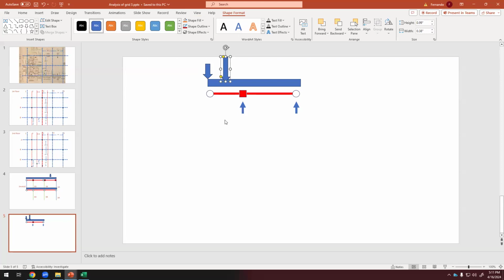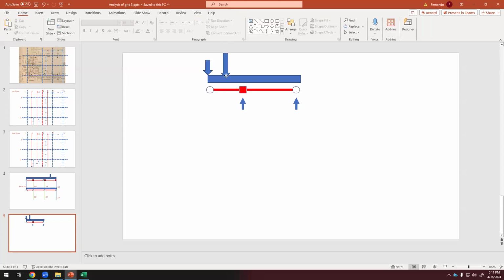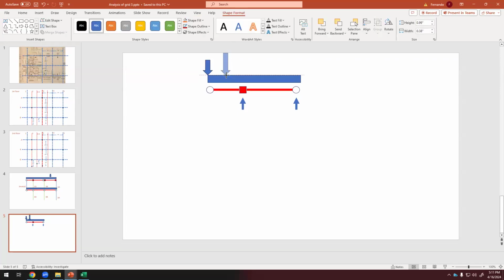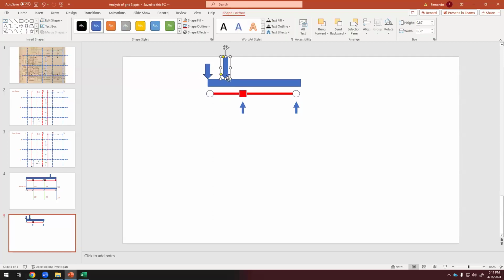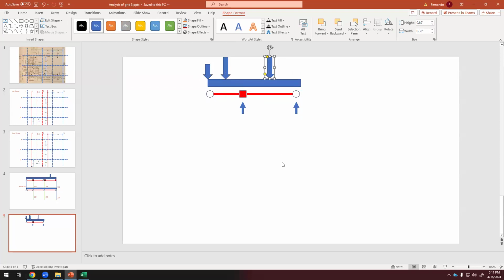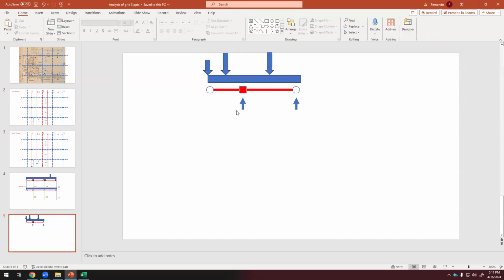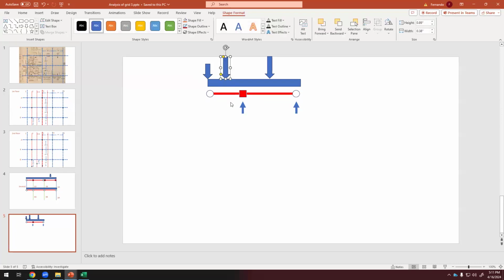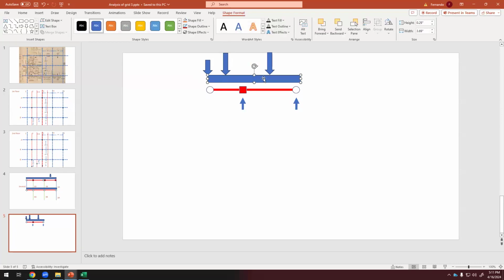So this is the resultant applied in the middle of L1, and that's the resultant applied in the middle of L2. This is L1, this is L2, and that resultant is the uniformly distributed load times L. And I have another one here.